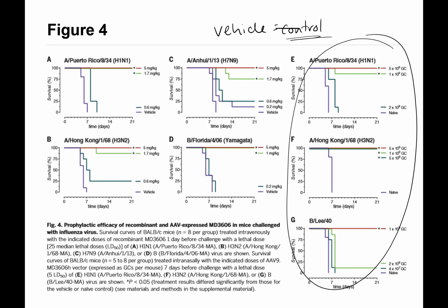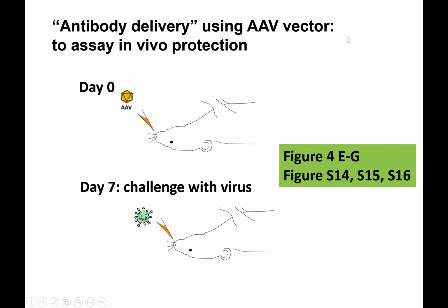This part of the graph is focusing on a different delivery method using a second virus called adeno-associated virus. And again, this is the second half of figure 4. Here's some supplemental.